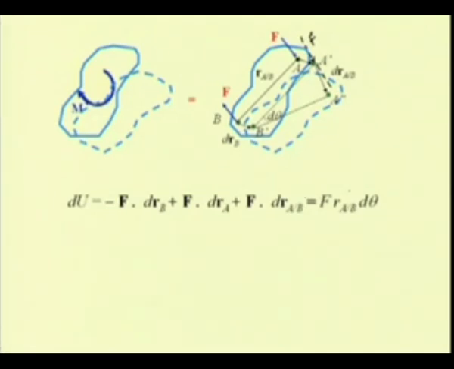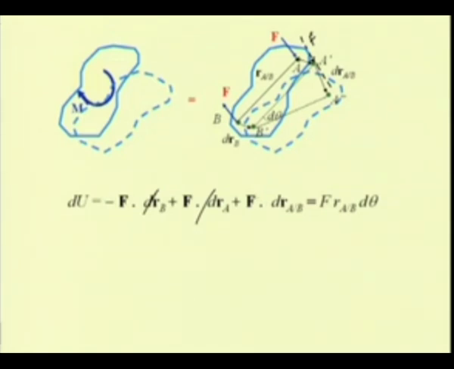Why? Because these two quantities are the same, because dr_B, or the translation of this B to B prime, is the same as the translation of this point A to A prime. So, these two quantities cancel out each other, and what we have is only F dot dr_A/B.